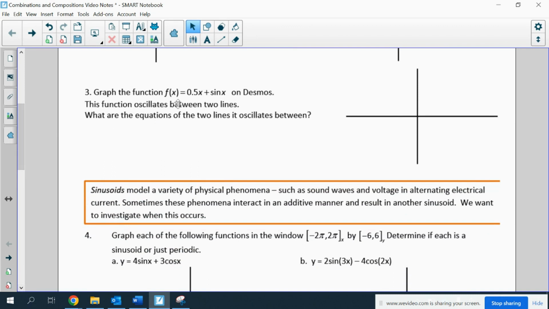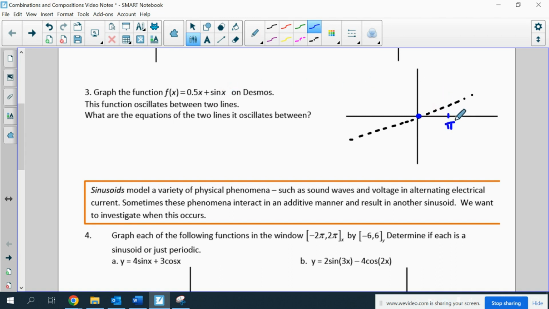Now we're going to graph the function y equals 1/2 x plus sine x. If we think about what's happening, the graph of y equals 1/2 x would look something like this. And then sine of x, well, sine of 0 is 0. Sine of pi is also 0.